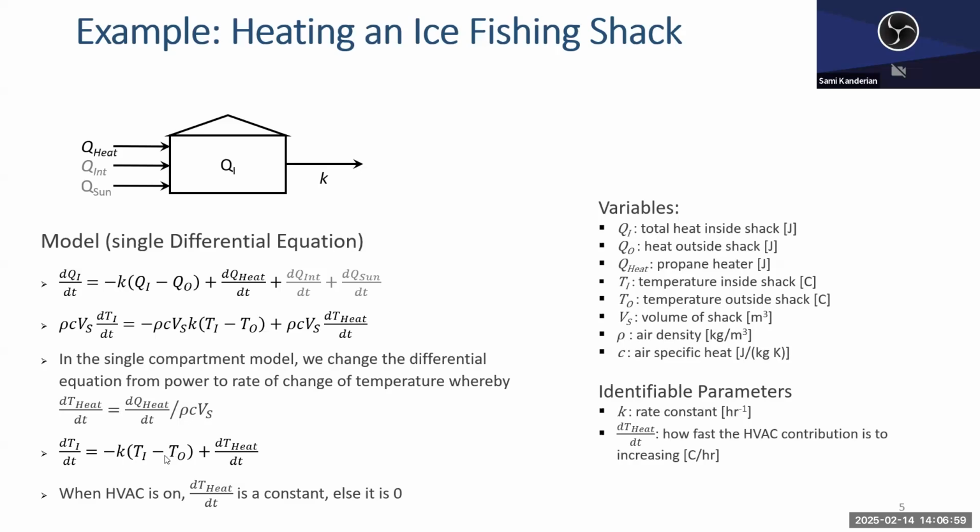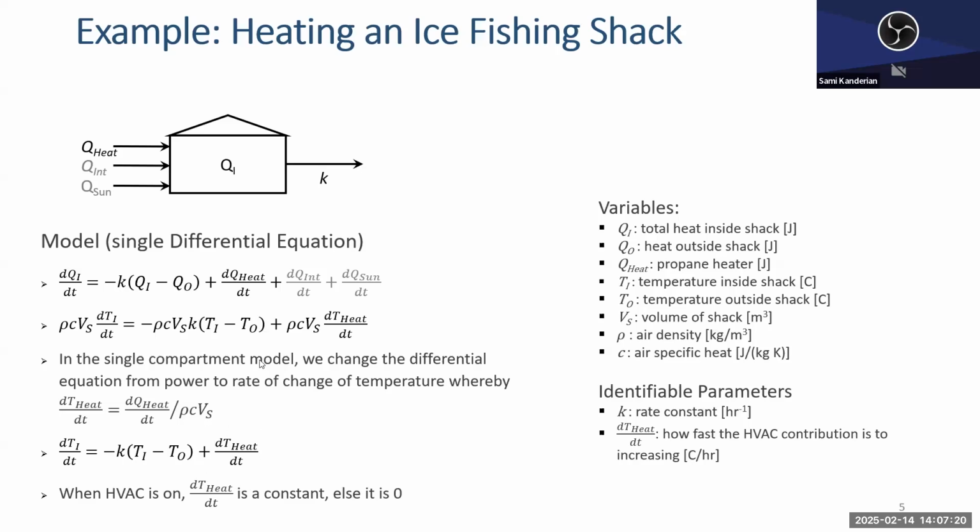And this is the formula everybody knows and loves, that has to do with a rate constant when you have an indoor temperature and an outdoor temperature. Now, the only difference here is I added an additional rate of change of temperature, and that's due to when the heater is on.